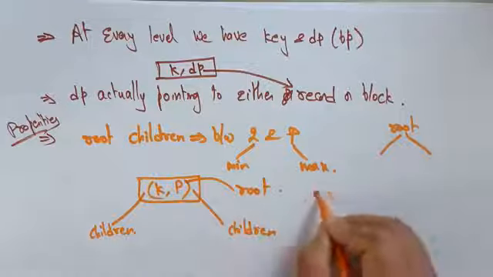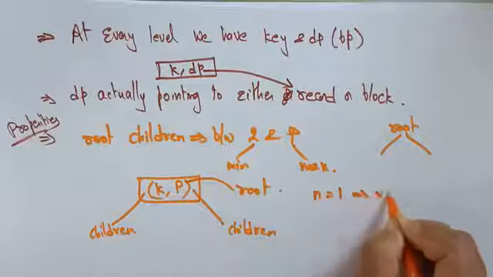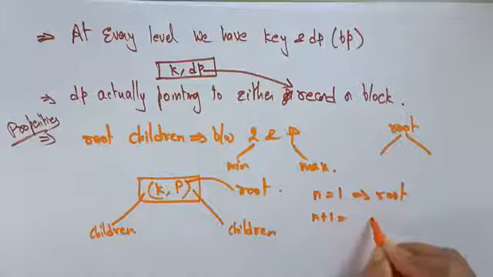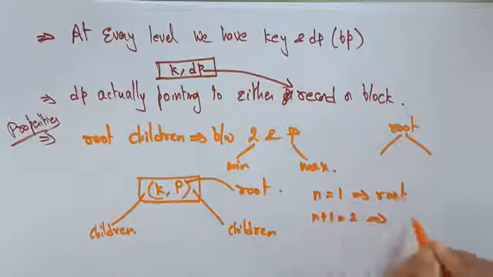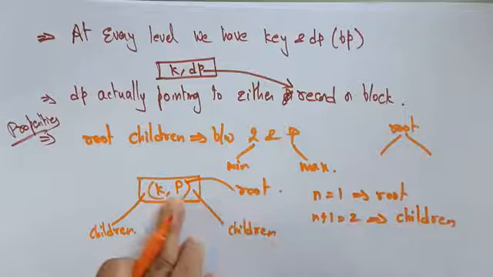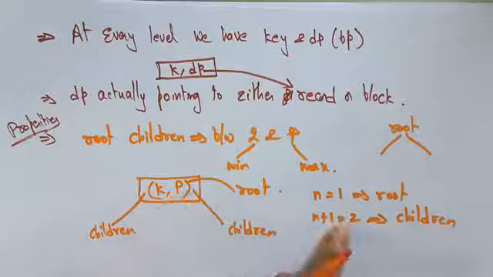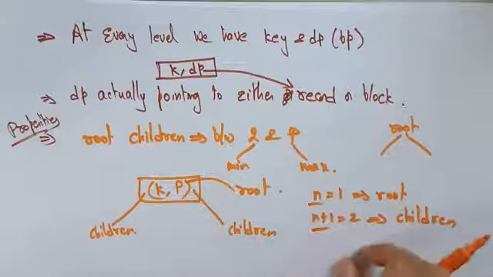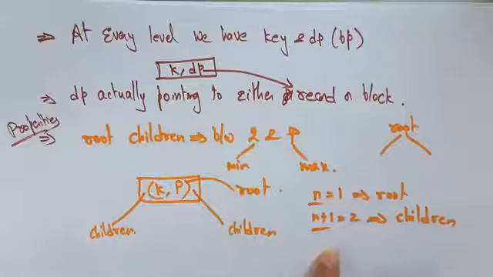Suppose n is equal to 1, which means the root; n plus 1 is the number of children, so 2 children. Remember this formula: n and n plus 1 will be the children.